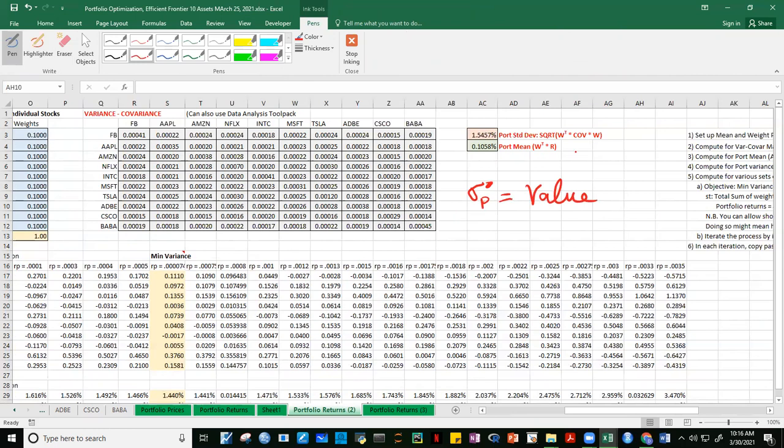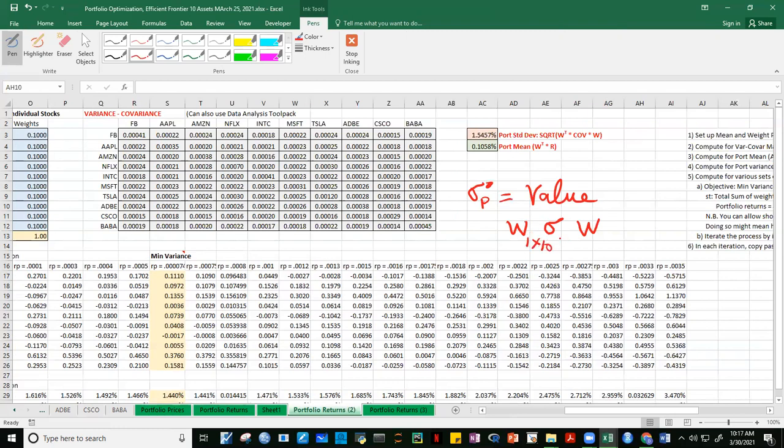Tapos alam natin na ang ano niya is W times the variance covariance times W. Okay. So, ang tanong, para maging isang value siya, ano dapat yung size ng matrix natin? Kasi yung weight natin, 10 assets tayo, di ba? So ano ba dapat? 1 by 10 o 10 by 1? 1 by 10 dapat, no? 1 by 10 dapat yung weight matrix natin.